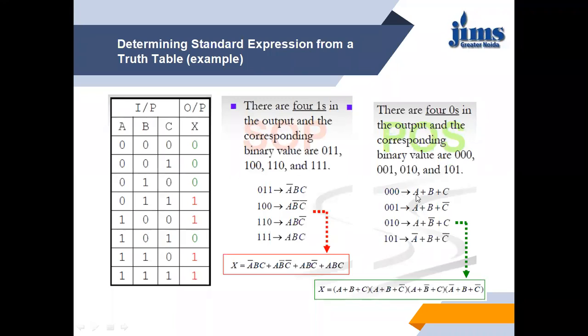It is A plus B plus C. Next, 0, 0, 1 is A plus B plus C bar. 0, 1, 0 is A plus B bar plus C. 1, 0, 1 is A bar plus B plus C bar. So this is the way we can find out the values of SOP and POS from the given truth table.